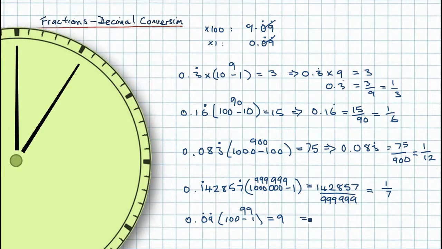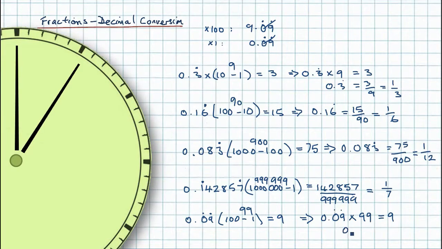So now let's move to the point where we calculate this out. So we've got 0.09 times 99 equals 9. So if 0.09 recurring times 99 equals 9, then we want a 99th of 9.